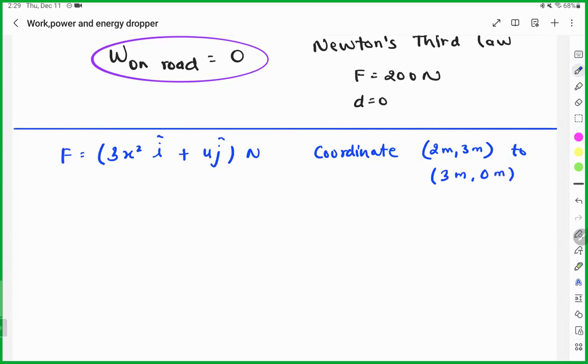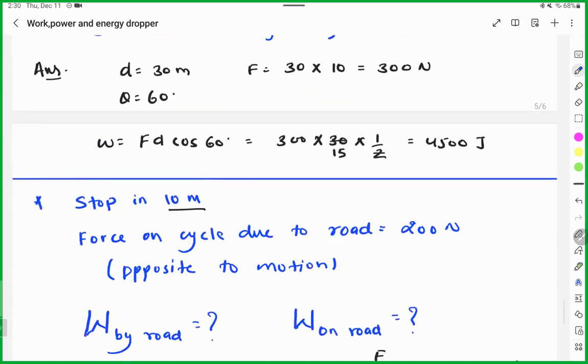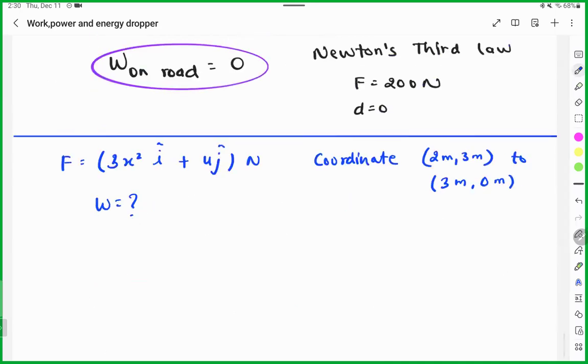You have to calculate work done. This is the second question.